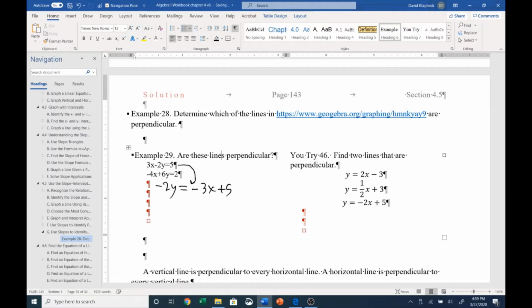Divide both sides by -2. My second equation, I'm going to add 4x to both sides. And then divide both sides by 6.